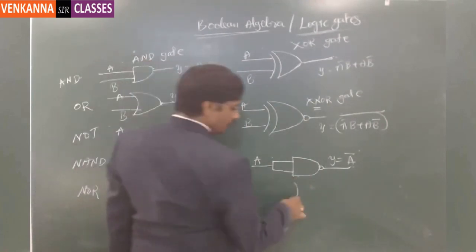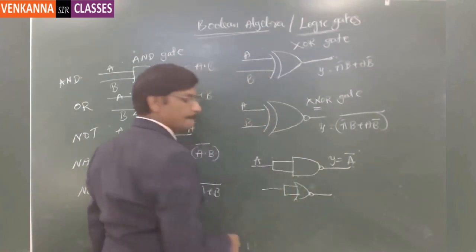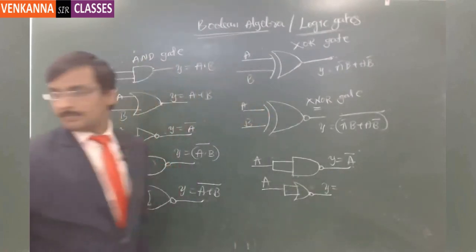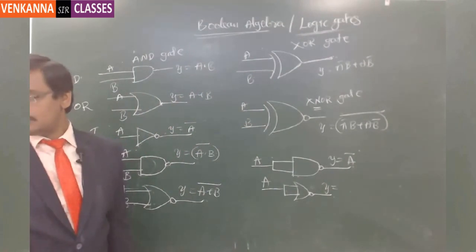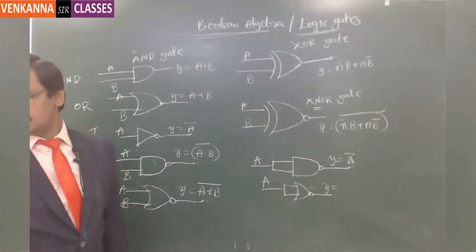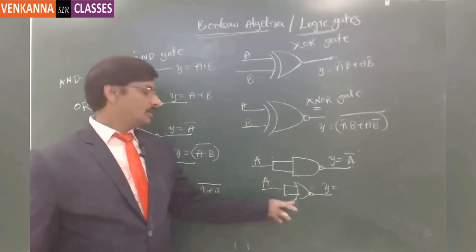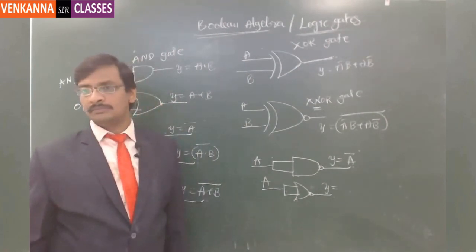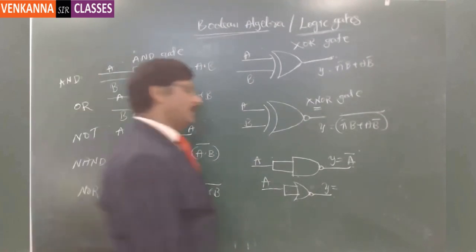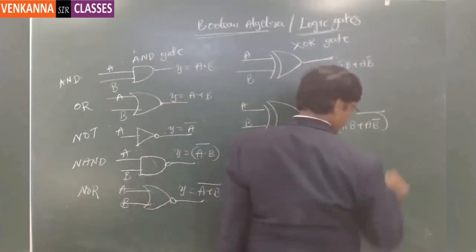Similarly, can you try it for the NOR gate also? If I give A, then what is the value of Y? Anybody got the answer? So this is again A bar. Why? Let me write it for the NAND gate.